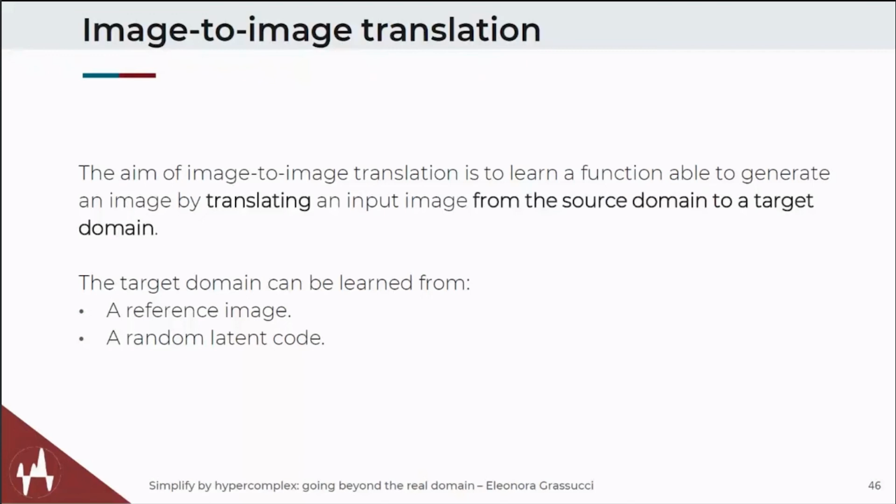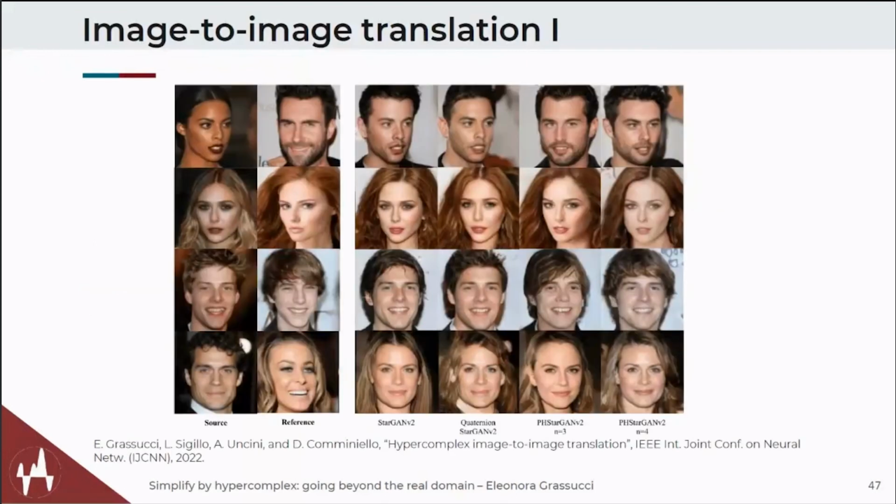This task can be performed in two ways: learning the target domain from a reference image, or learning the style code from a random latent code. With that approach, considering StarGAN V2 as baseline, I want to recall that StarGAN V2 is a very huge model with lots of parameters, and that we can reduce the number of parameters to 1/3 or 1/4.